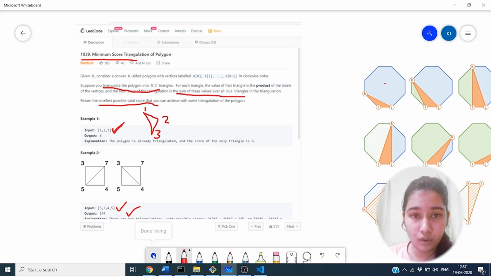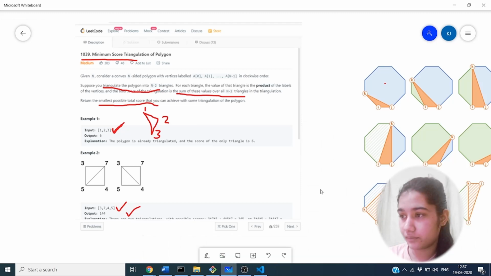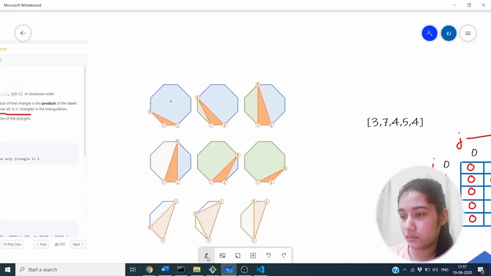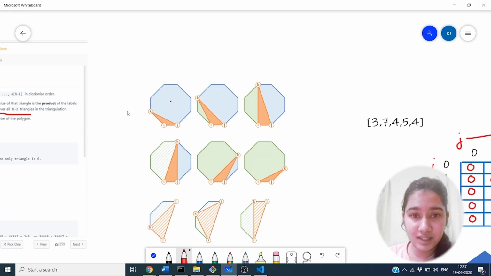Now let's have a look at how we are going to do this. Let's consider a polygon with 8 sides, with 8 vertices. In this condition, what we are going to do is fix 2 vertices with values i and j, and the third variable k iterating between i and j.